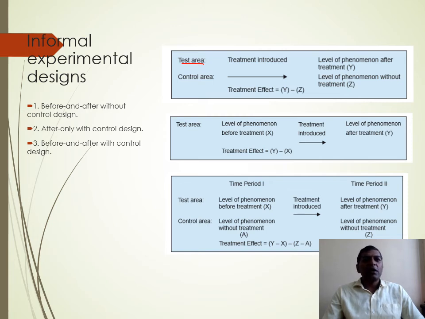In this particular region, we are applying the experimentation without thinking about the independent variables. But in this particular region, we are trying to reduce the effect of independent variables, known as the controlled area, and we check the effect of the treatment on the input data. So this is how we work with the informal experimental designs.